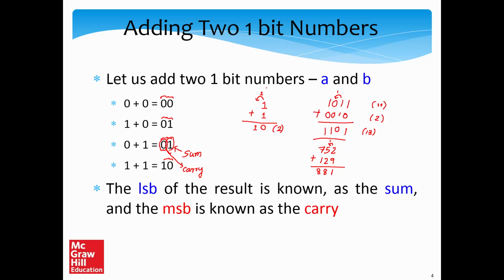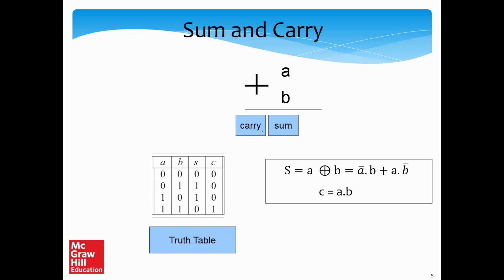And so in the case of a 1 bit, we call the least significant bit the sum and the next bit the carry. If I draw a simple truth table of what are the values of A and B and what is the sum and carry, we see if A and B are 0 and 0, the sum is 0, the carry is 0.